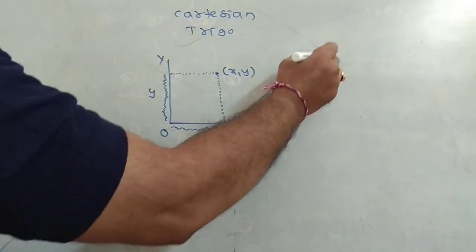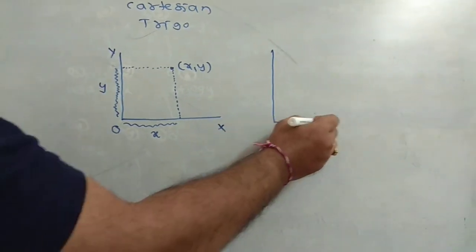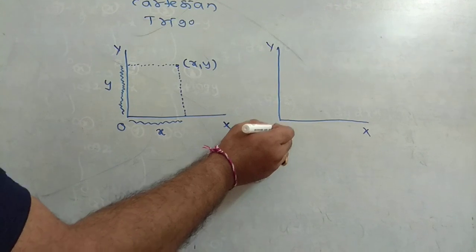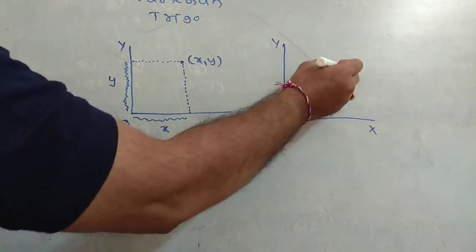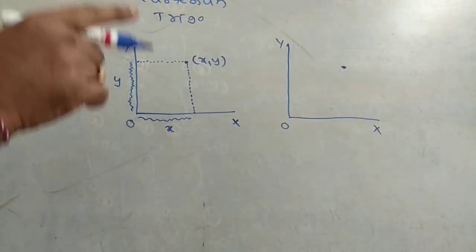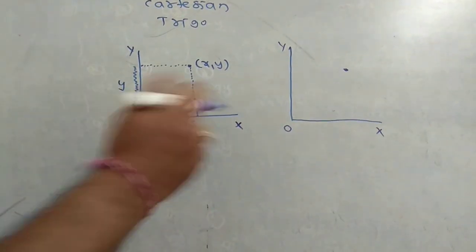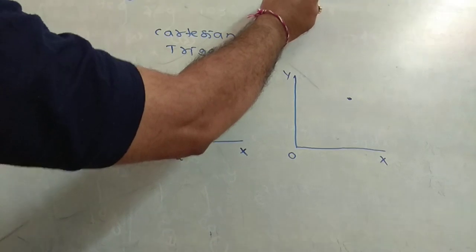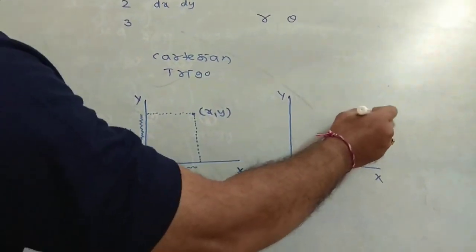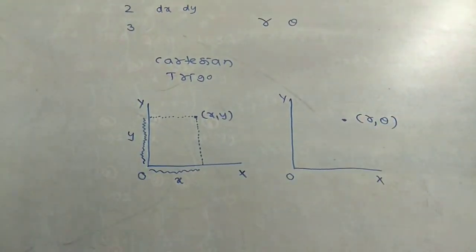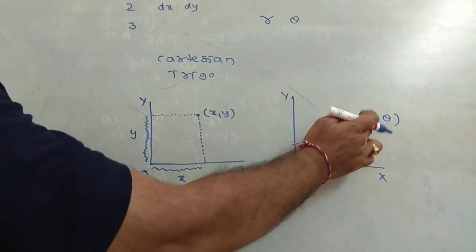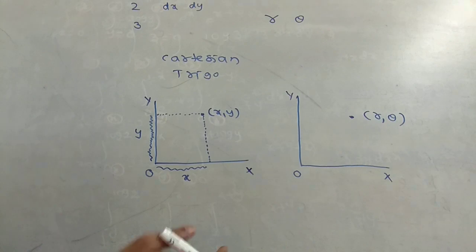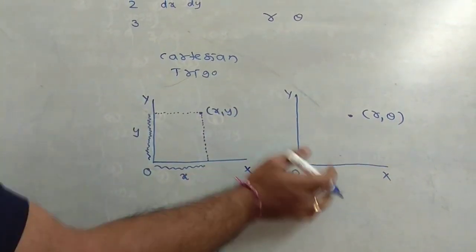But when you come to the trigonometric type, you again write two axes x and y, and this is your origin. I am locating a point here. Corresponding to that point, you convert into new variables, which I denote with r and theta. So this point is denoted by r comma theta, where r stands for the radius, and theta is the angle between the radius and the x-axis.